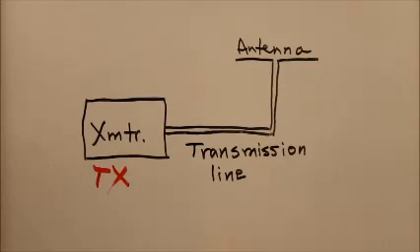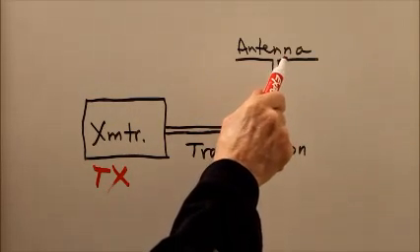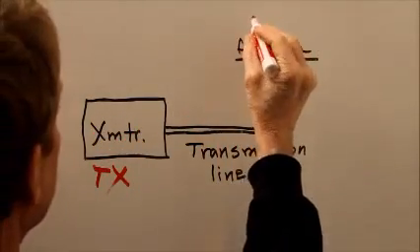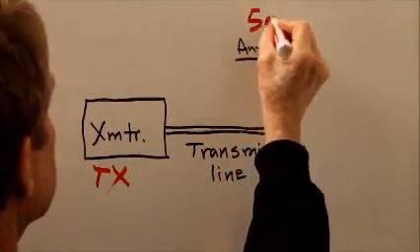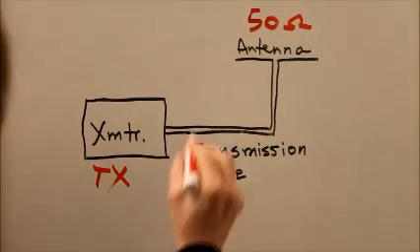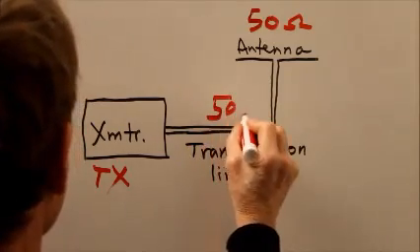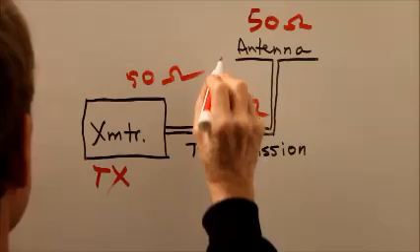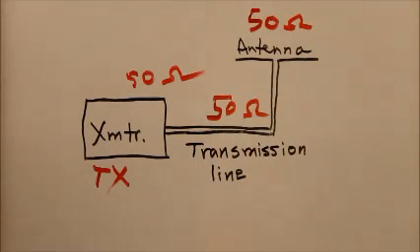In a typical communications system, for example a CB or ham radio, the antenna will have a 50 ohm purely resistive impedance, and therefore the characteristic impedance of the transmission line will be 50 ohms. The transmitter is designed to operate into a 50 ohm, all purely resistive.